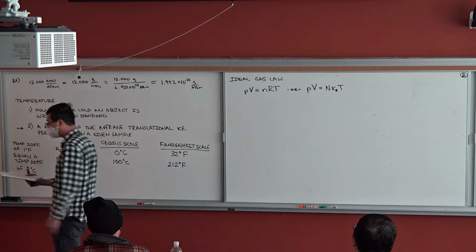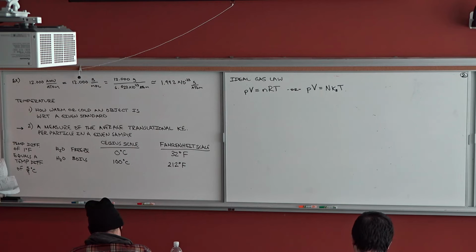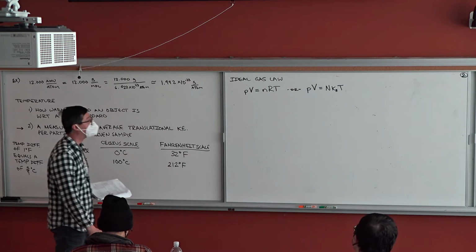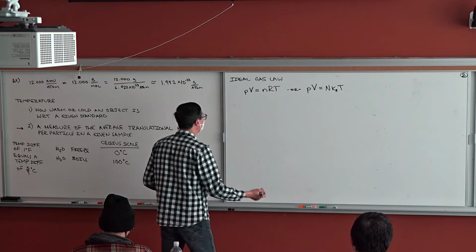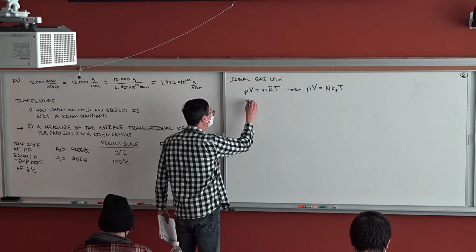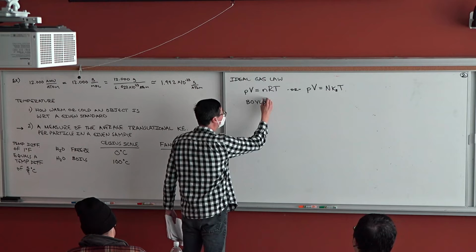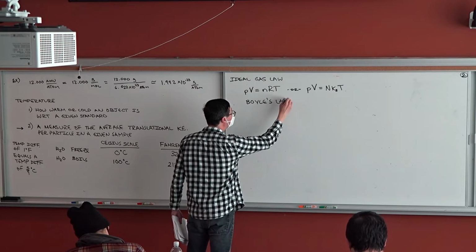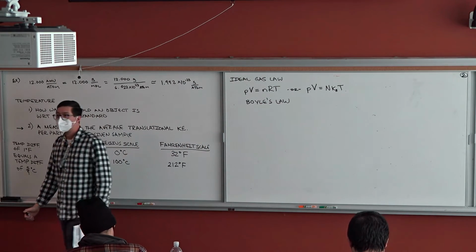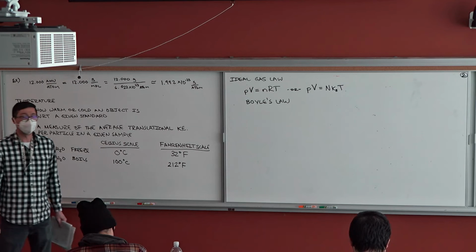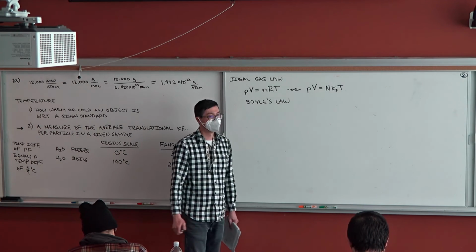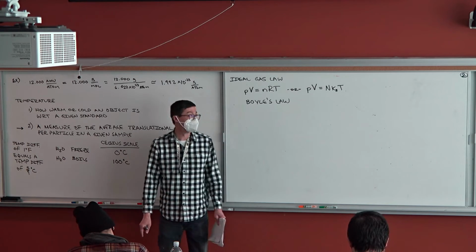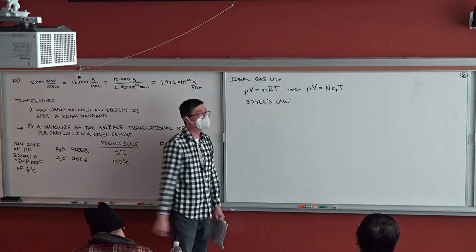So we have our PV equals nRT. We also have our PV equals nK_BT. So in our last lab, we looked at Boyle's law. What was the special case involved for Boyle's law?